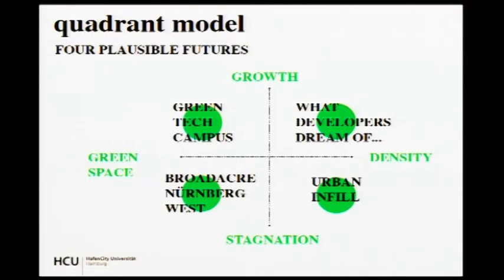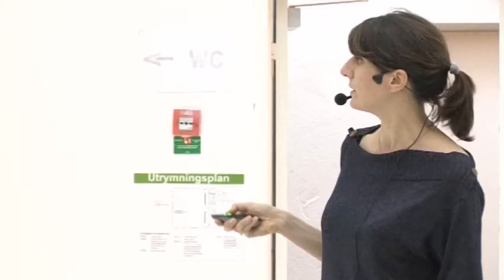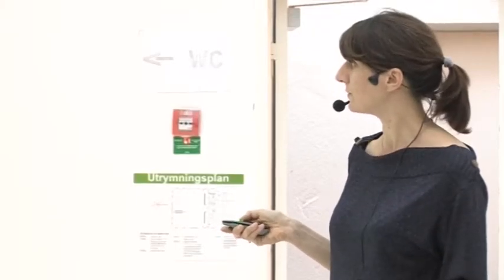And then here we had exactly stagnation. What if you don't really have the money coming in, and people have to rely much more on their own activities to reclaim spaces and to create value within the urban fabric, or create value within the open space systems.